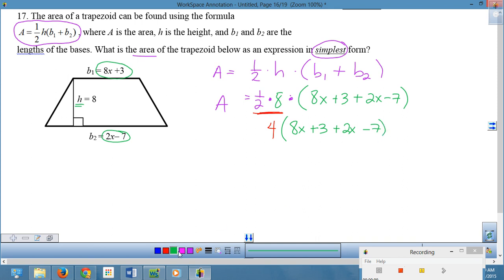Then we look and see if we have like terms inside here. 8x plus 2x is 10x, and then 3 minus 7 is negative 4.